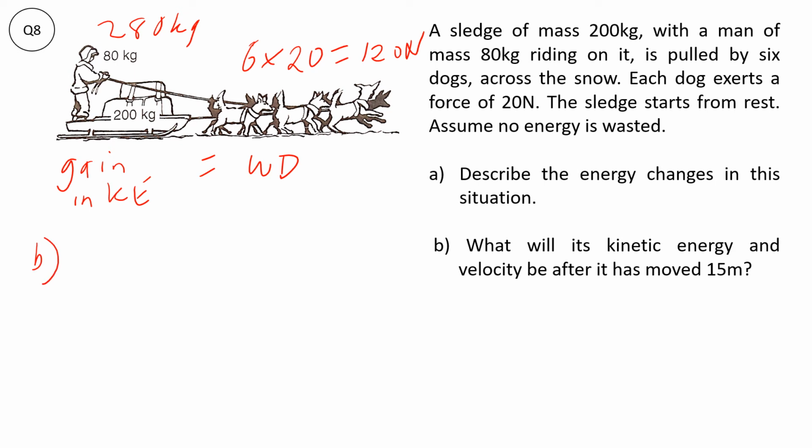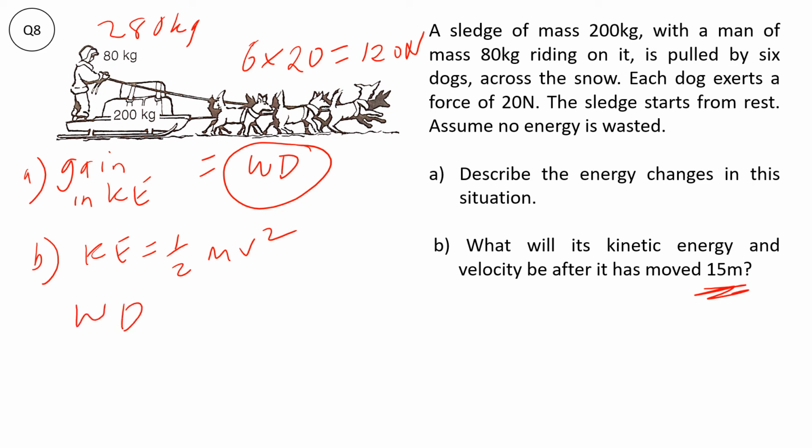B, that was A. What will be the kinetic energy? Well, KE equals a half mv squared. But that's not the way to do this, because go back to A. What we have to do is calculate the work done. I'm just looking to see we do have a distance in the question. So work done equals force times distance.